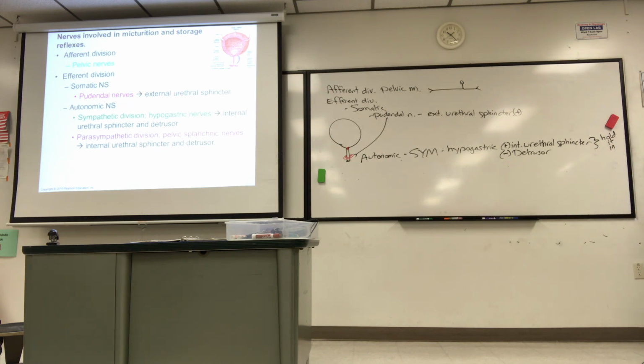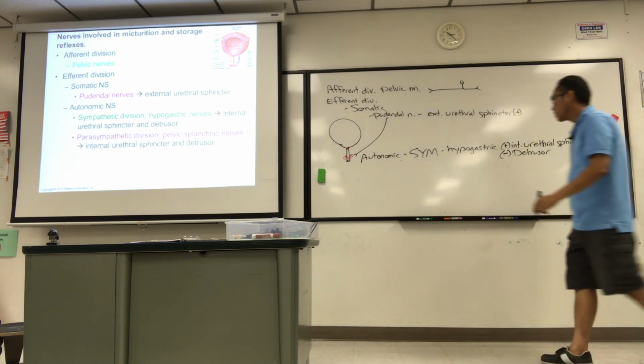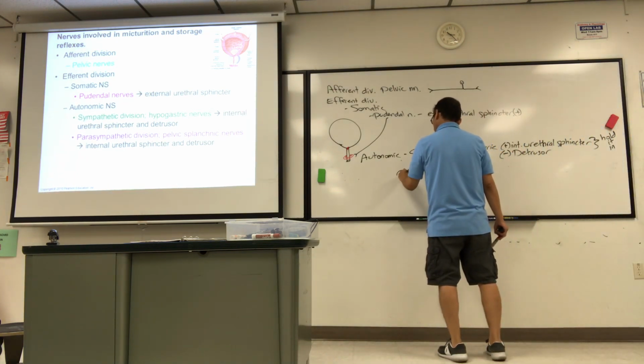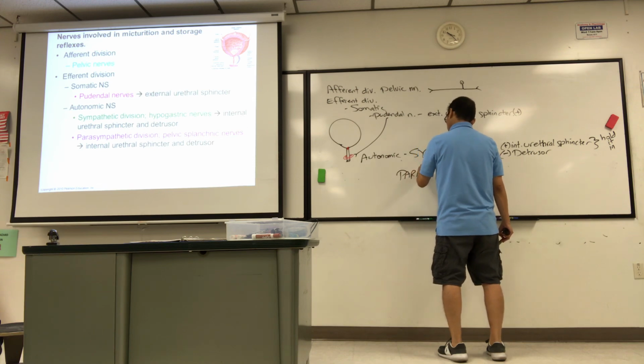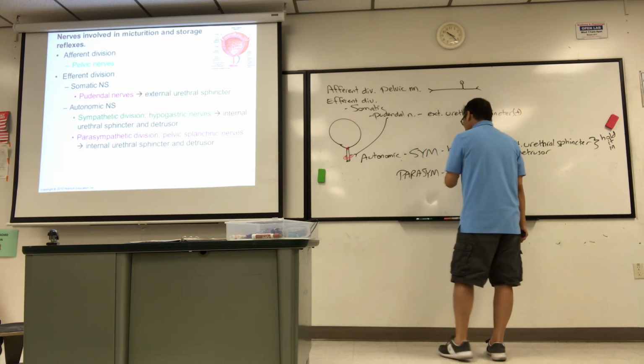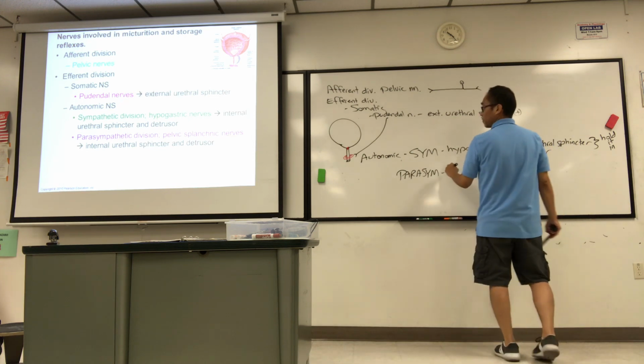Because then the parasympathetic will do the reverse. So the pelvic splanchnic nerves, which are part of the parasympathetic division, pelvic splanchnic.